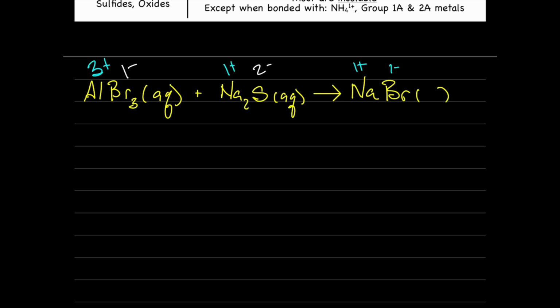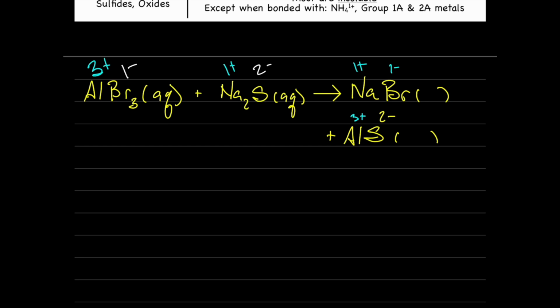I put the parentheses here so that we can look up the state of matter, solid, liquid, aqueous, whatever, later. Plus our aluminum 3+ is now going to hook up with our sulfur 2-. All right, so far so good, hopefully.